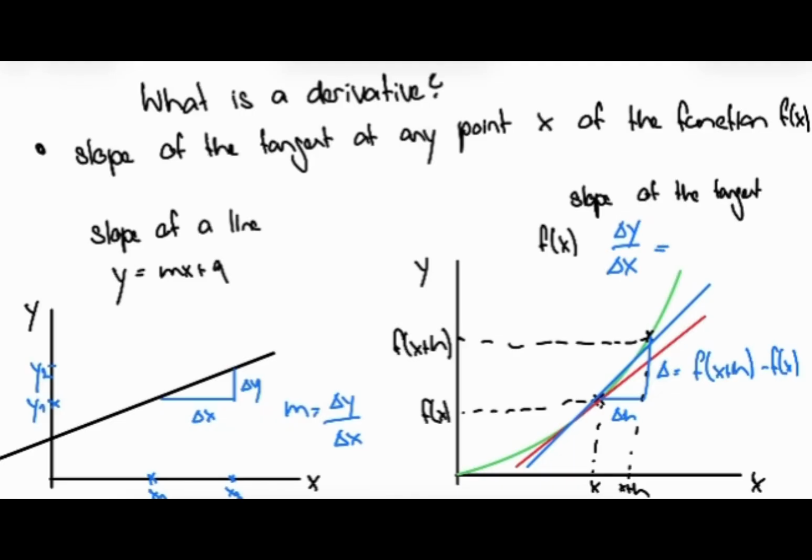To get the slope of the tangent, we have to think about another concept, and these are limits. Limits allow us to make h infinitely small, but not reaching 0. In order to finish this formula, we have to take the limit of h going to 0. Let's write that down.